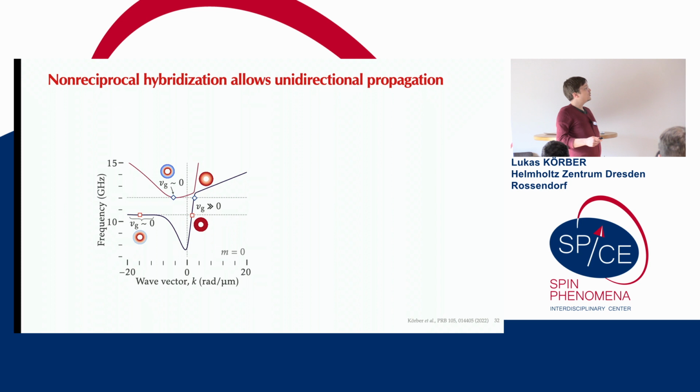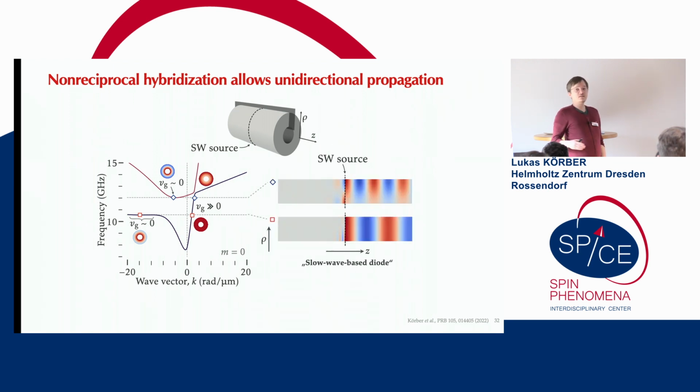And now if we were to excite the spin waves in this tube using a microwave antenna or whatever you have, at the center of the tube, we will see that at these frequencies in one direction, the modes propagate very, very far, whereas in the other direction, due to the vanishing group velocity, they are strongly attenuated. And with that, you can mimic kind of like a slow wave-based diode behavior. And if you believe the quantum computing people, this is interesting for quantum computing, which I can't tell you why.